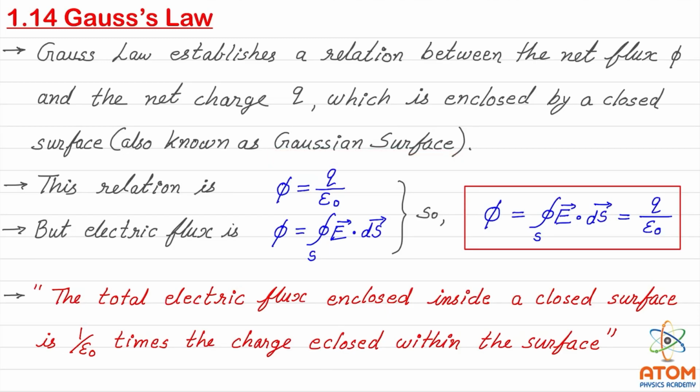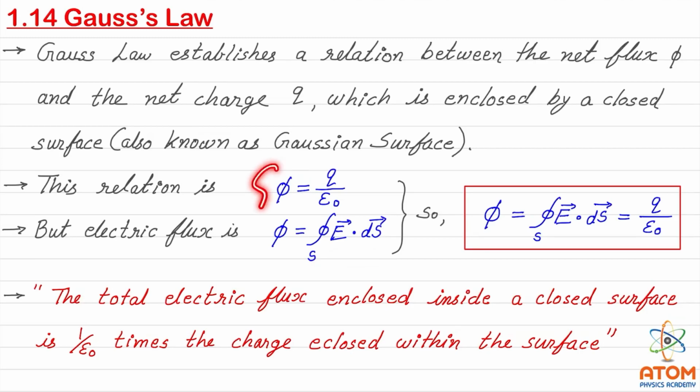So as I said, it is giving a relation between net flux phi and charge q. So this relation is flux phi is equal to q upon epsilon 0. We are going to derive this equation, or we are going to give a proof of this equation later on. Right now flux phi is equal to q upon epsilon 0, but we already know that flux phi is also closed integration of E dot ds.